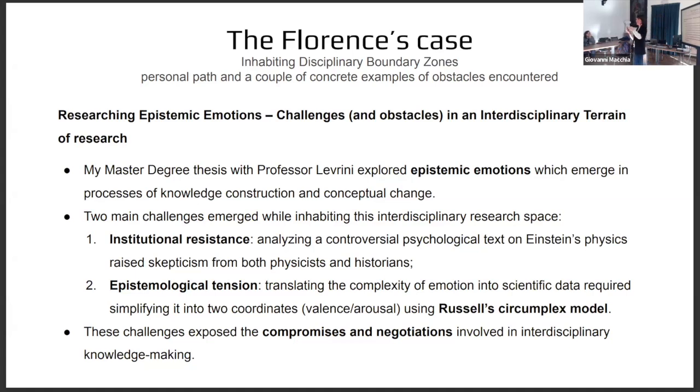You can make disciplines that are very, very far interact. For example, I use this kind of model, the Russell circumplex model, that can describe emotions with two coordinates. So it's an epistemological forcing that you can use.